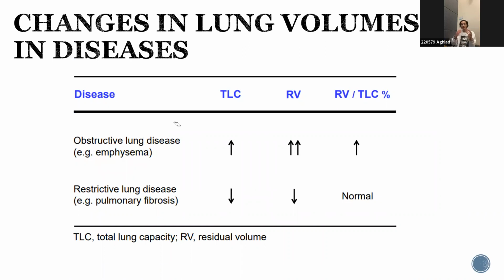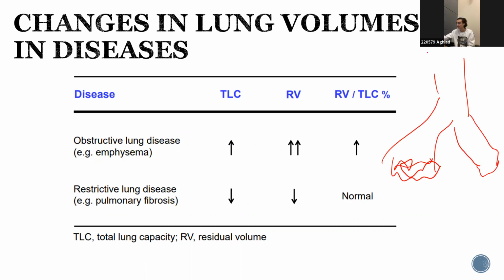Okay, so obstructive lung disease, the alveolar sacs themselves are getting destroyed, whether because of smoking or whatever it is. Emphysema, for example, is one of these obstructive lung diseases. When you destroy these sacs, you're emptying out more space.